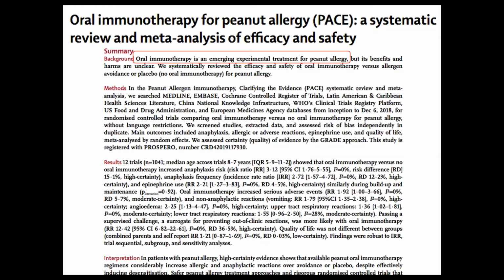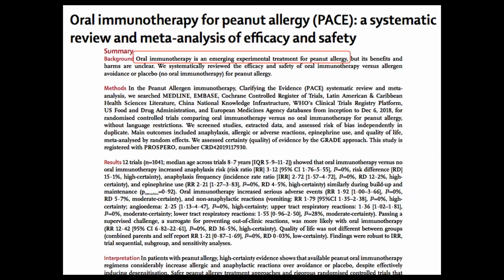Now, in this particular study, the investigators asked the question, what's the implication of these findings for the general population? And if we subject all the patients with peanut allergy, can we expect them all to then be desensitized and that the whole population will do better?